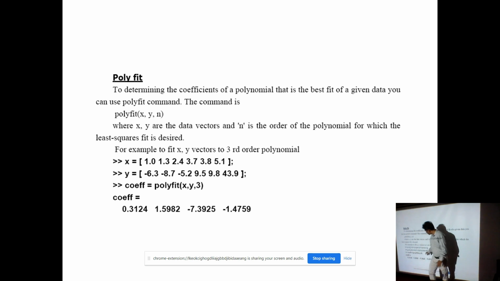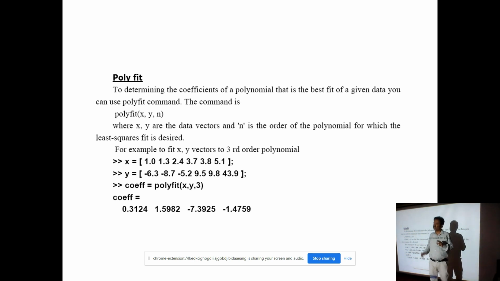If I give 3, I'm assuming in my mind a polynomial of third order. That means there should be ax cube, bx square, cx, and some constant d. So the answer will have the x cube coefficient a here, the x square coefficient b here, the x coefficient c here, and the last constant d here.